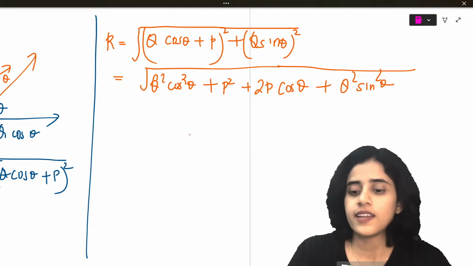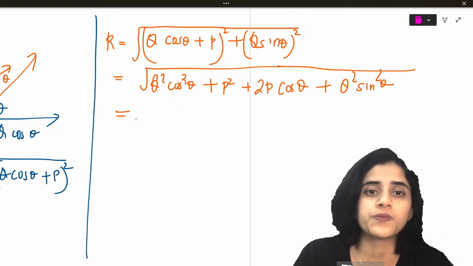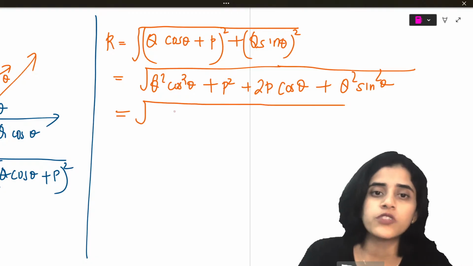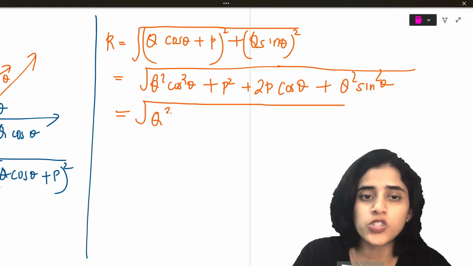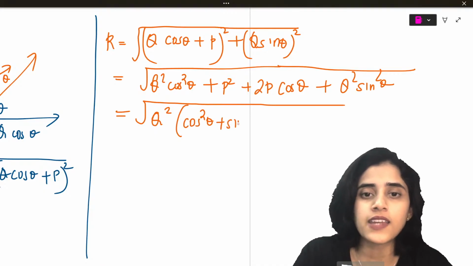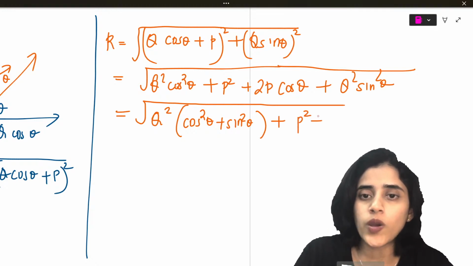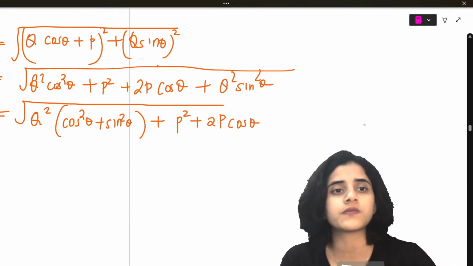Next, cos square and sin square I will group. So this will be the square root of Q square, which I will take outside, times cos square theta plus sin square theta, plus P square plus 2P cos theta.